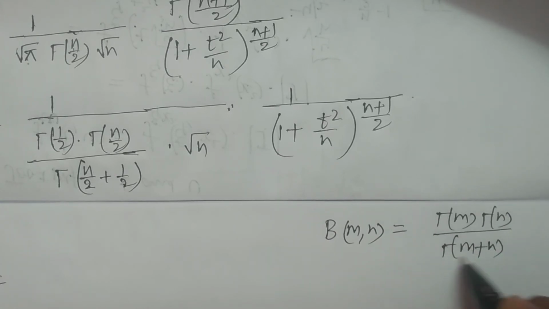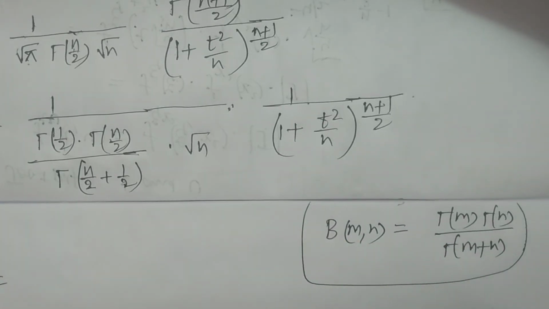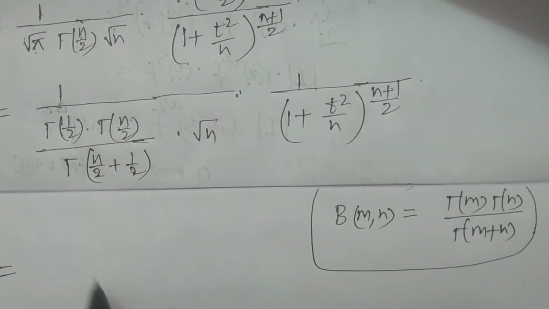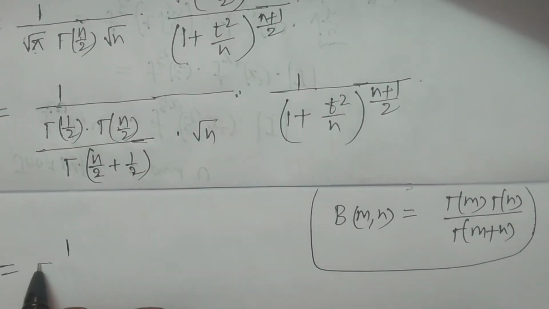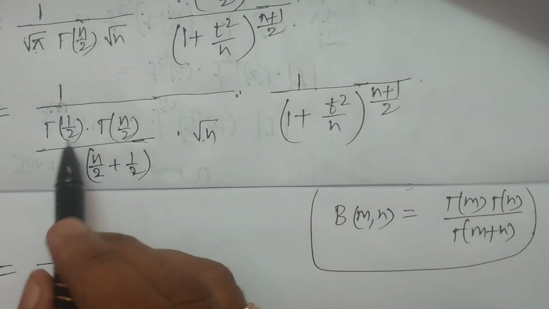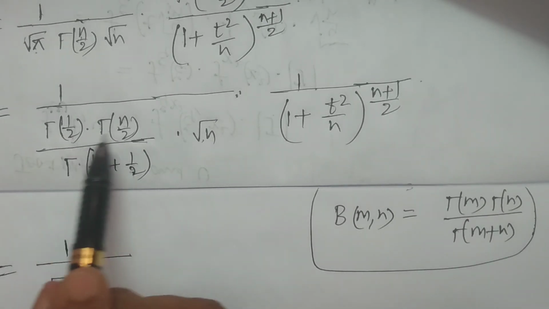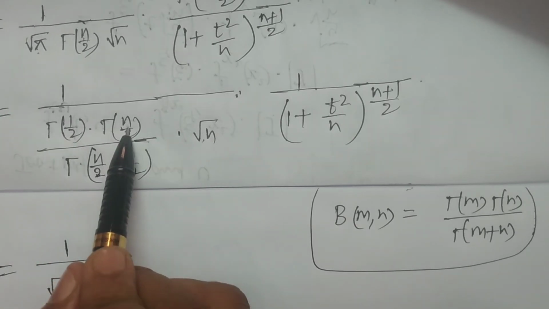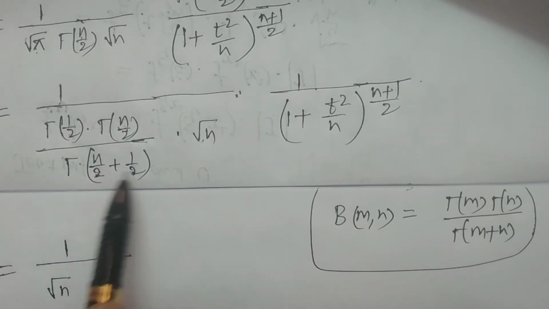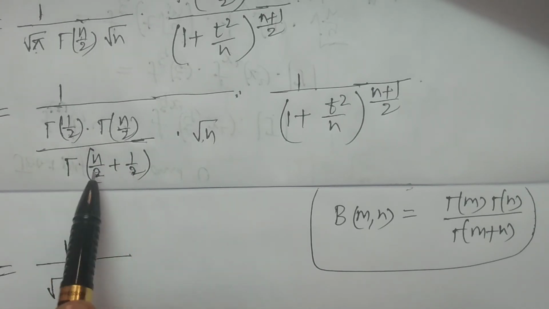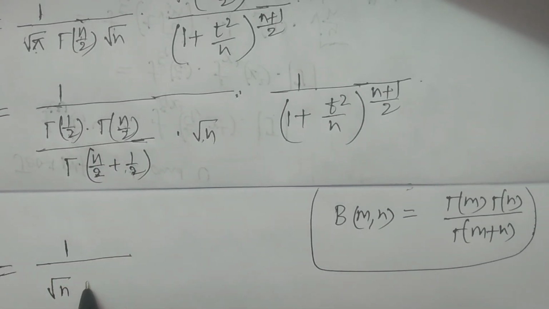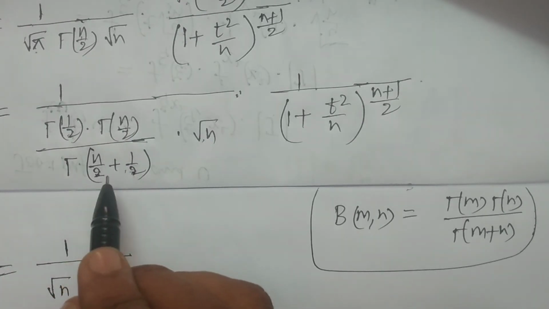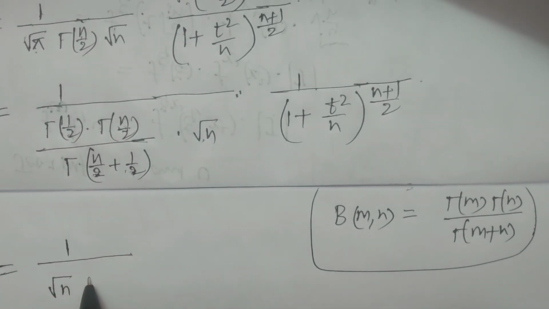By applying this formula, 1 divided by root n, gamma 1 by 2 gamma n by 2 divided by gamma of 1 by 2 plus n by 2, whatever you consider as a and b, or m and n, can be written as beta of 1 by 2, n by 2.